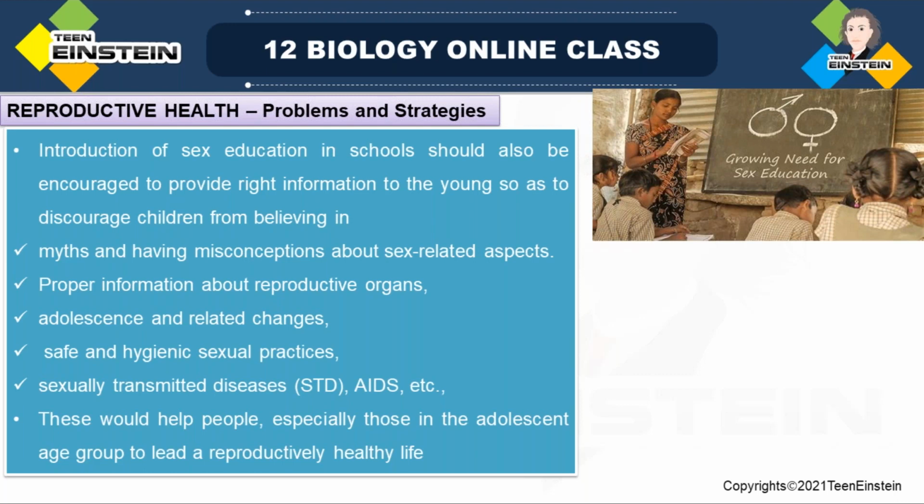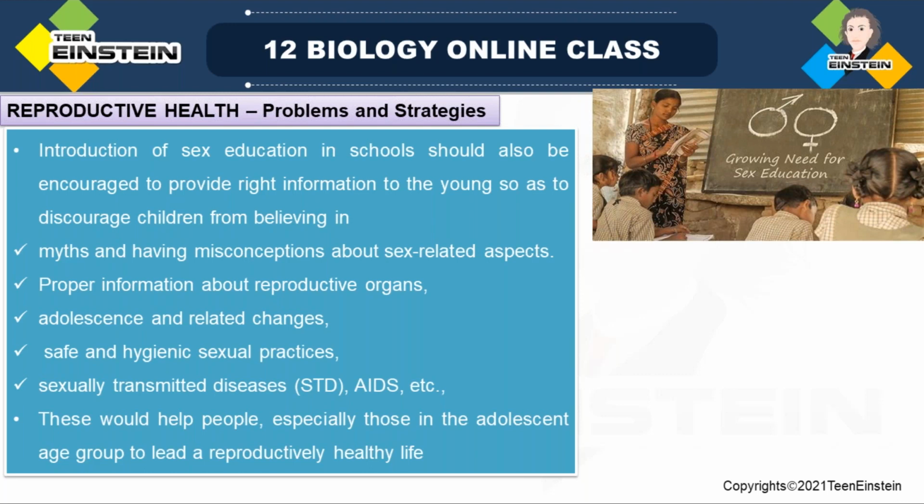This will help people, especially in the adolescent age group, which is leading to a reproductively healthy life, right? So the children who are reaching puberty or adolescence should get proper knowledge. They should get a good idea about all these things.